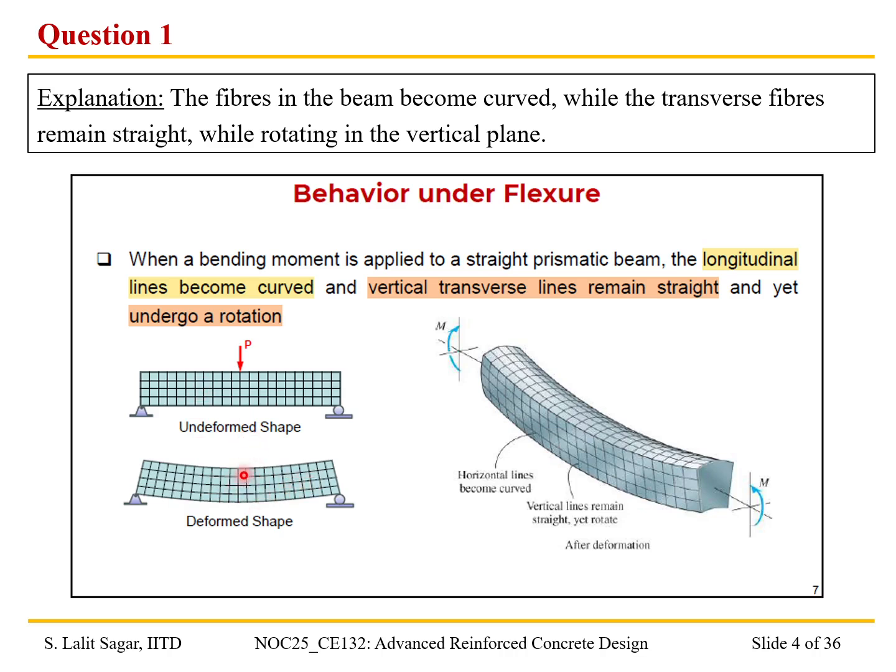We are assuming that they remain plane and straight, however, they are rotating. Except for a small portion of the beam at the center which moves vertically downwards, we can expect most of the transverse fibers to rotate in this direction, in this 2D plane.